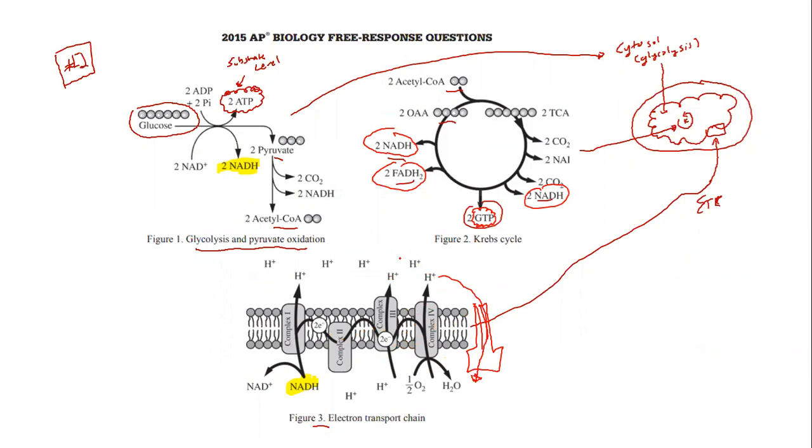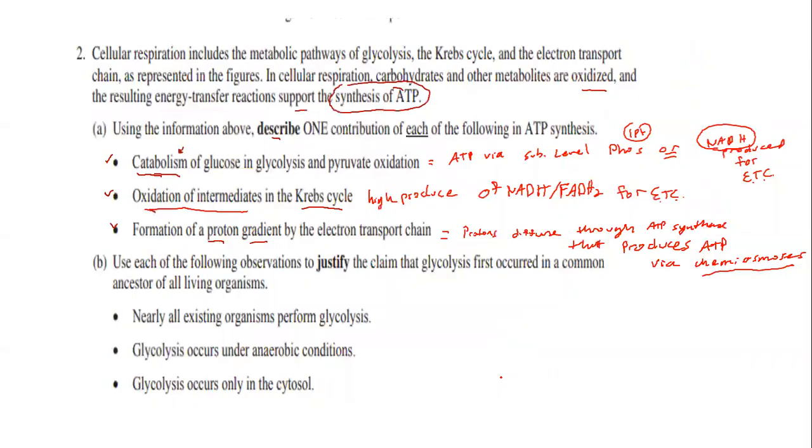That was the specific thing they wanted you to get: if this is ATP synthase, as these protons diffuse down, that provides the energy to put a phosphate onto ADP. So A is worth 3 points. This one was pretty specific, no doubt, but they gave you the visual.